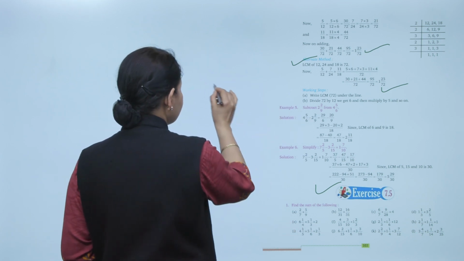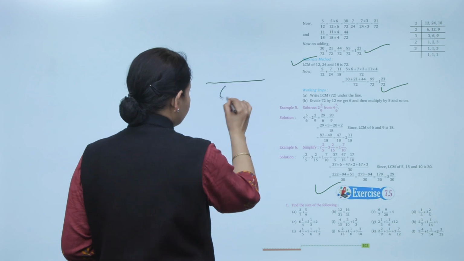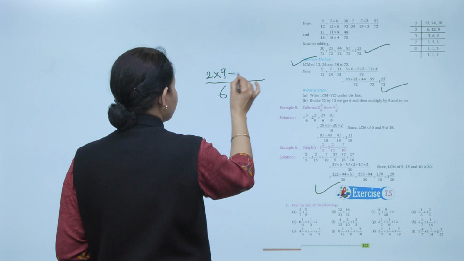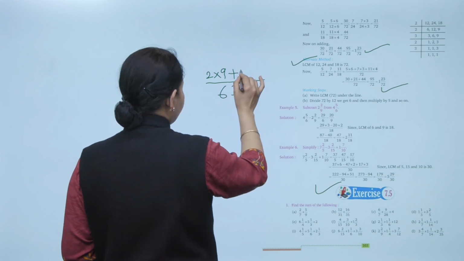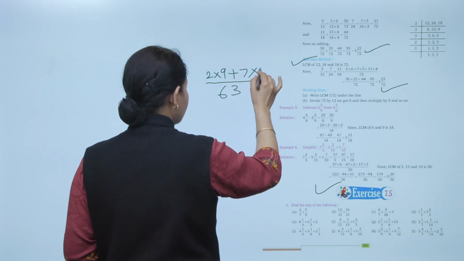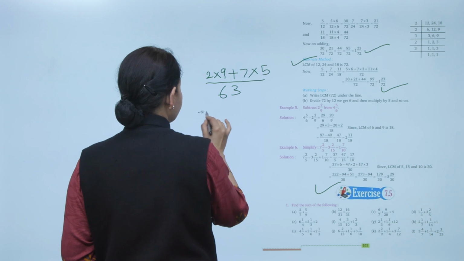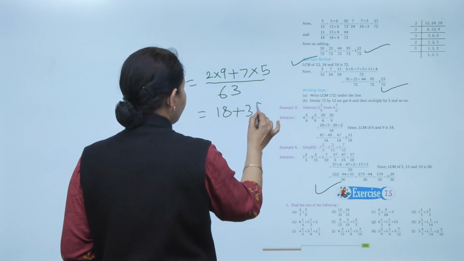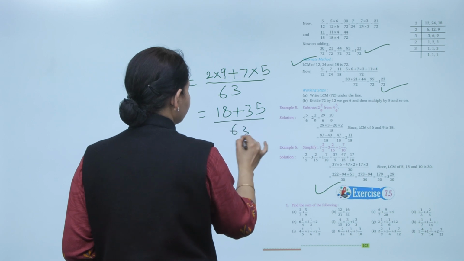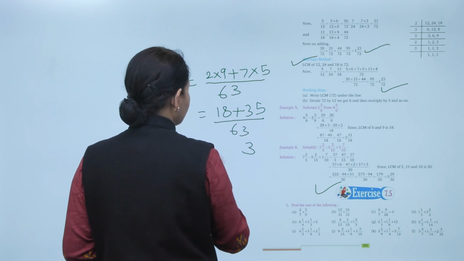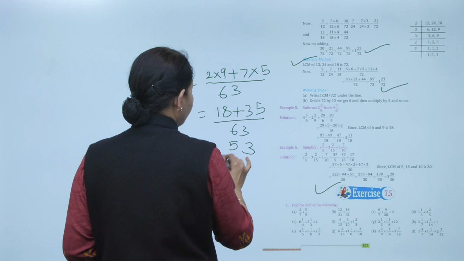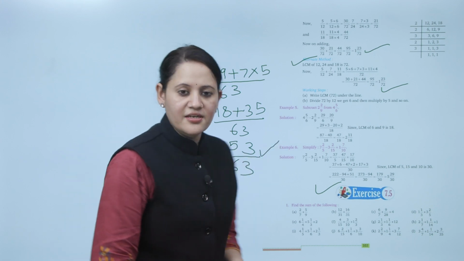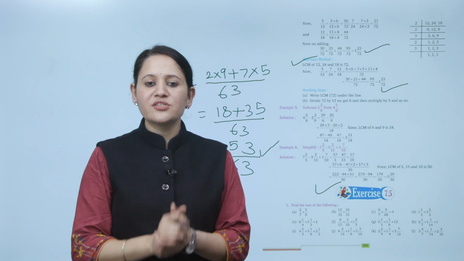So LCM is 63. 2 into 9 आ जाएगा 18 plus 35 upon 63. 53 upon 63. That is our answer. Clear? So you have to practice all the questions of this exercise.